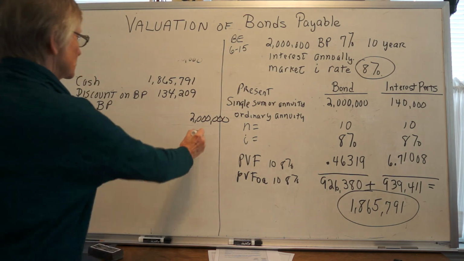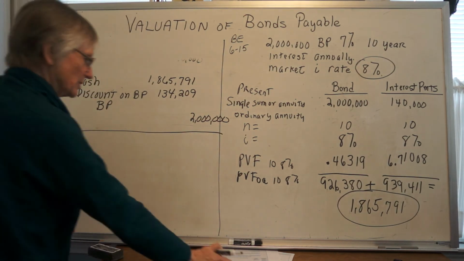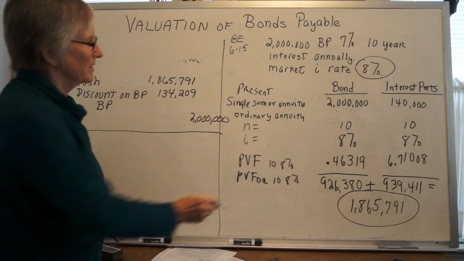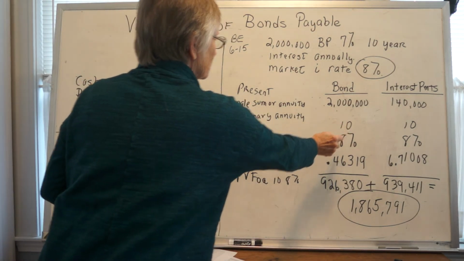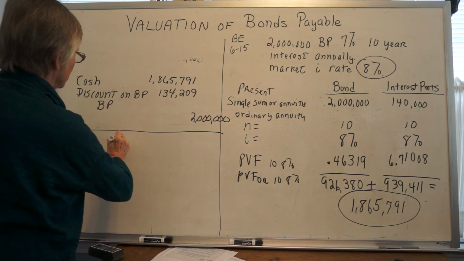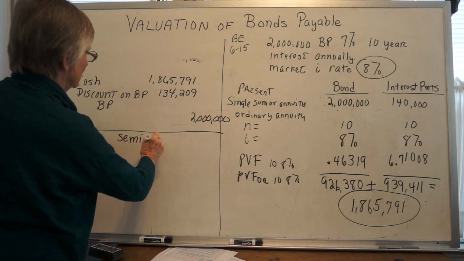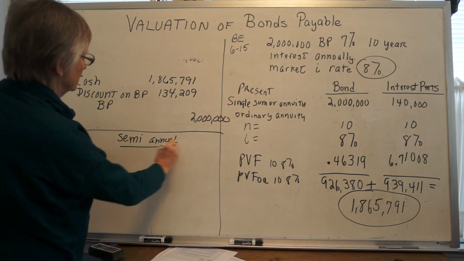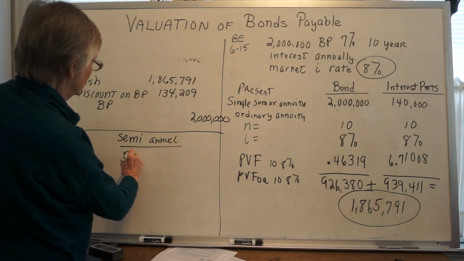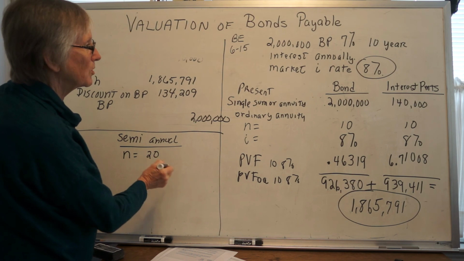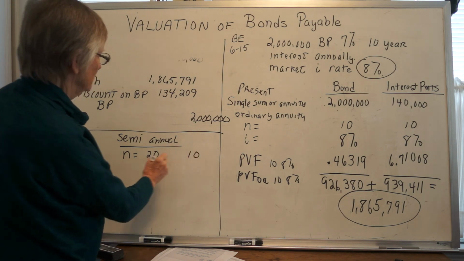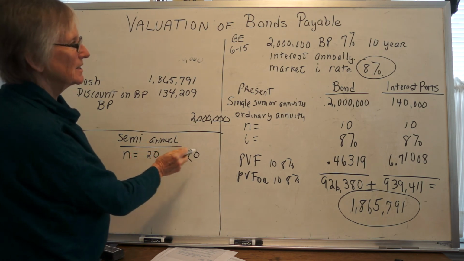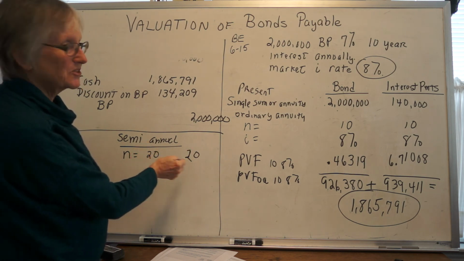Now, if the interest were paid semi-annually, when we got down to this part right here, say it's paid June and December, the N would equal 20 for both, for both the bond and the interest payments, not just the interest payments.